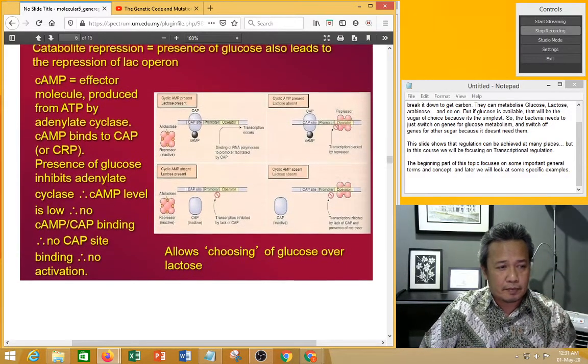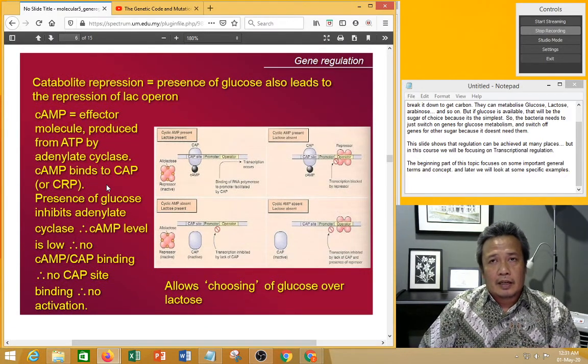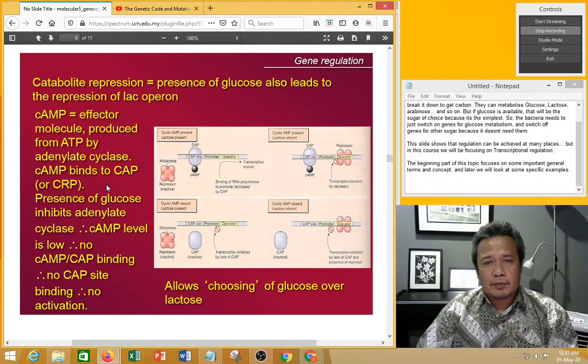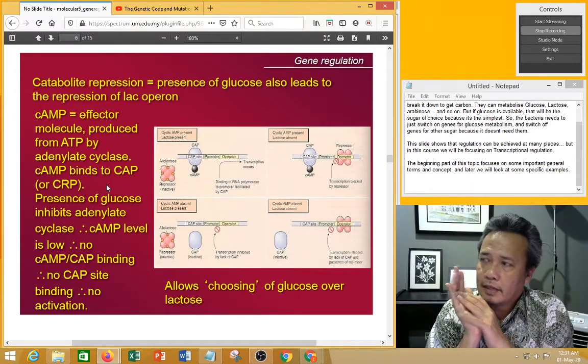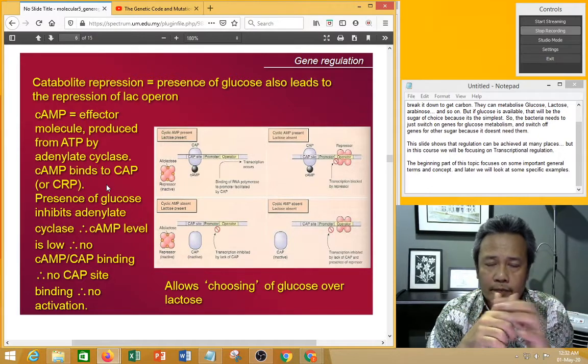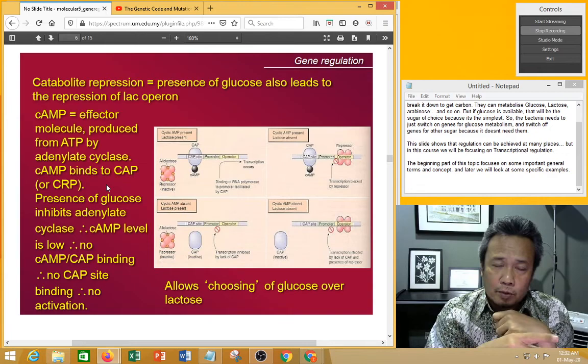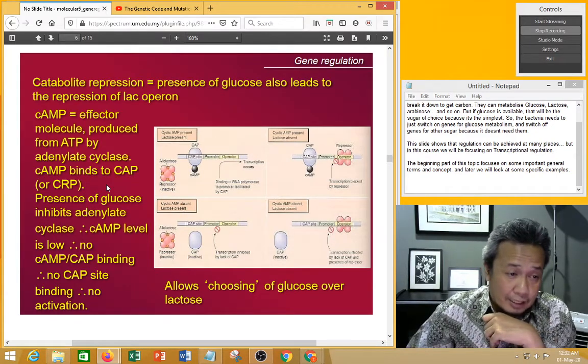For this slide, I want to talk about catabolite repression. What is catabolite repression? Now, I mentioned that bacteria prefer glucose because it's the simplest sugar. I also mentioned that the lactose operon will be switched on in the presence of lactose.